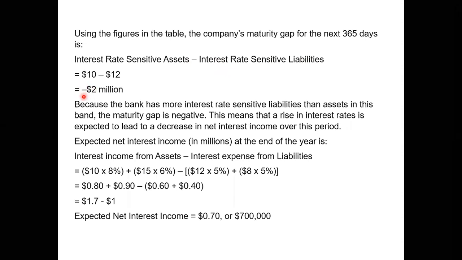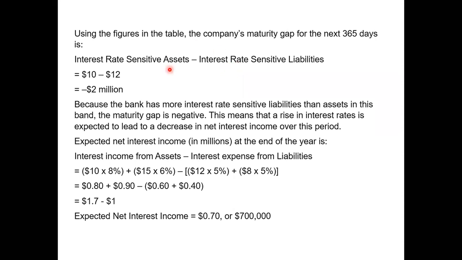So the negative gap means that when interest rates increase, it causes increases in interest expenses, which will lead to decreases in net interest income over the period, because there will be a high cost on these liabilities.